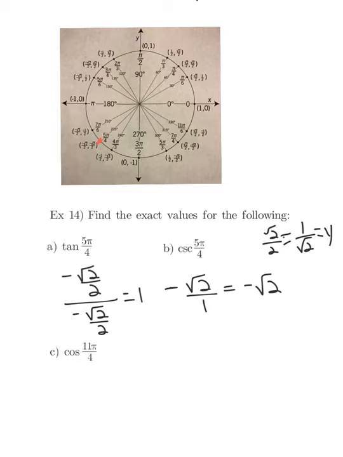On problem C, we are asked to find the cosine of 11 pi over 4. 11 pi over 4 is more than 1 revolution, if you think about that. 11 over 4 is the same thing as 2 3/4.